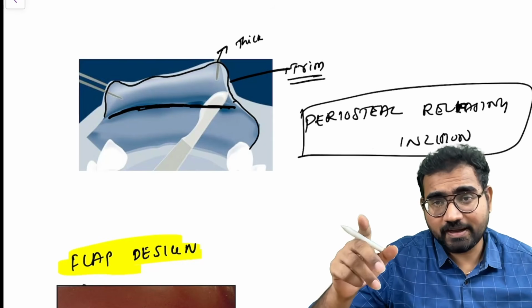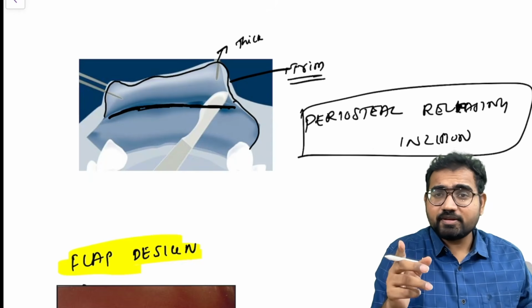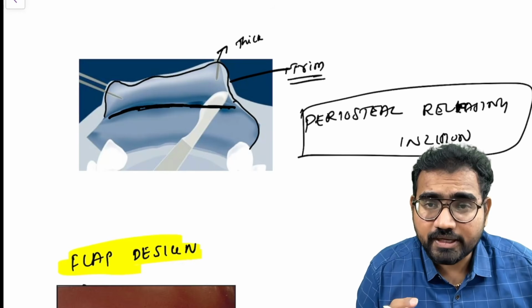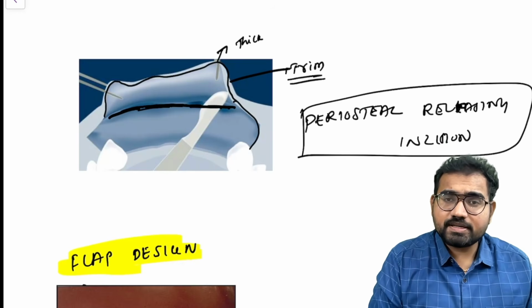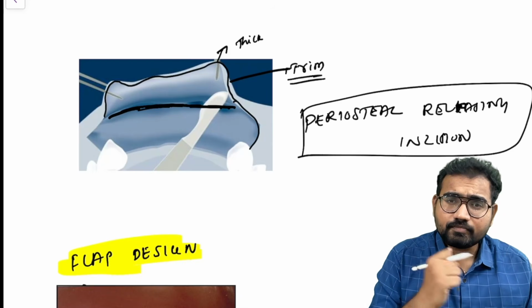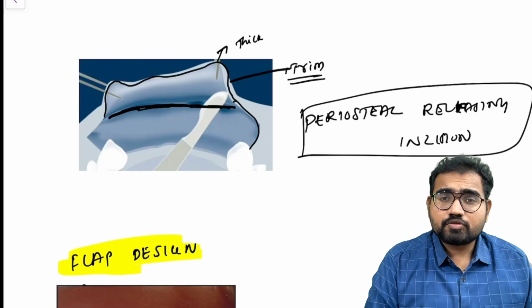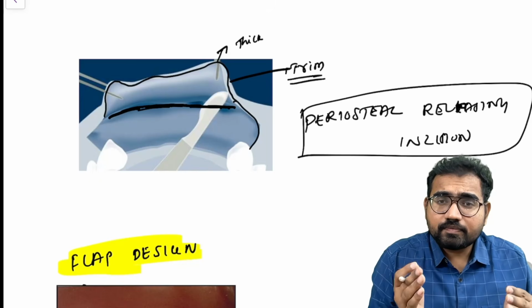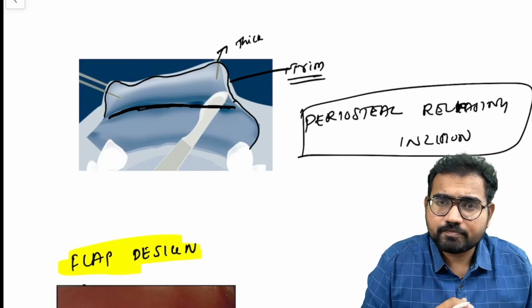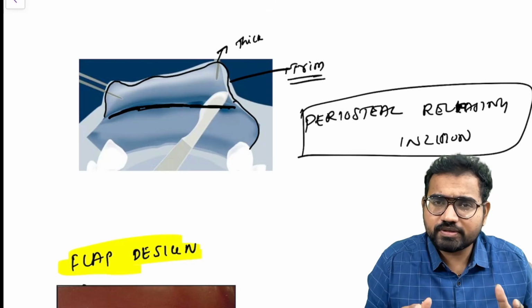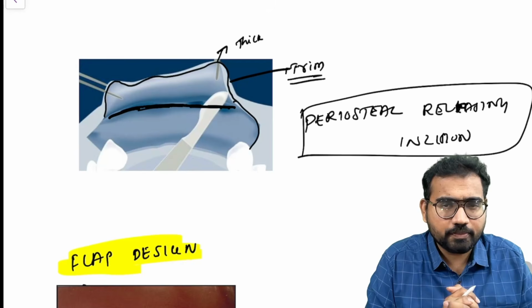Very similar to cutback incision. Cutback incision I am giving just for proper pull, extension, flexibility. And again, periosteal releasing incision, say for example, I'm extracting a tooth, I'm doing a socket preservation. So when I extract the tooth and suture, there will not be proper closure. Obviously, there will not be closure because there was a tooth, and if I remove the tooth and I just suture, it is not going to close properly.